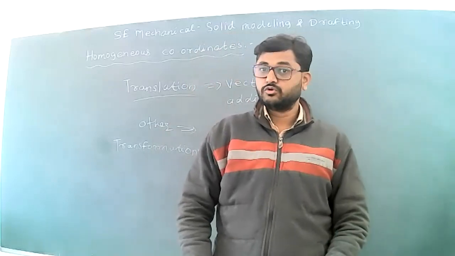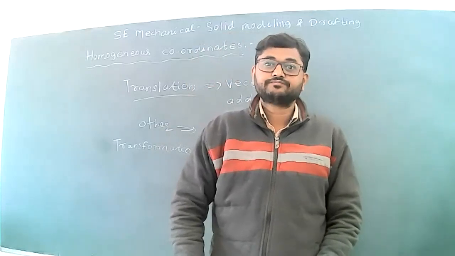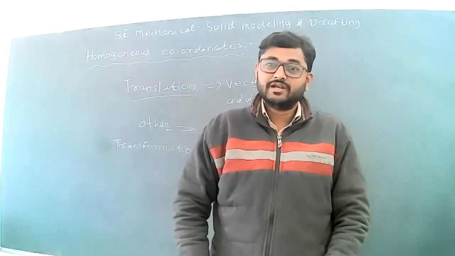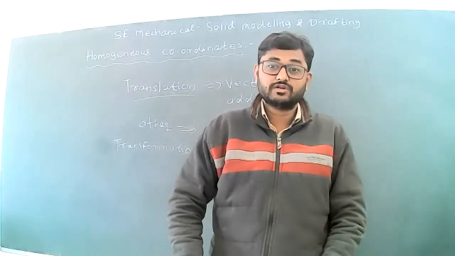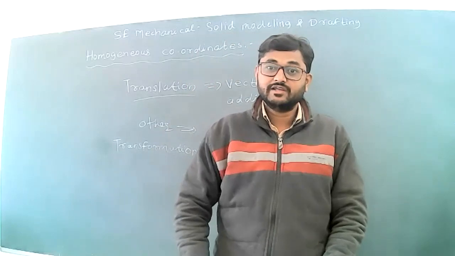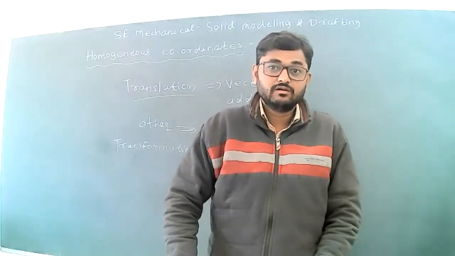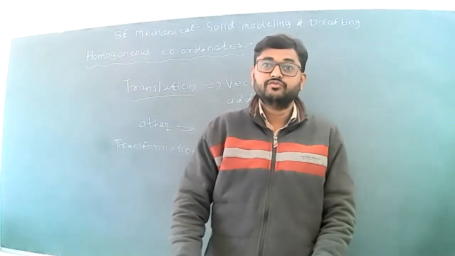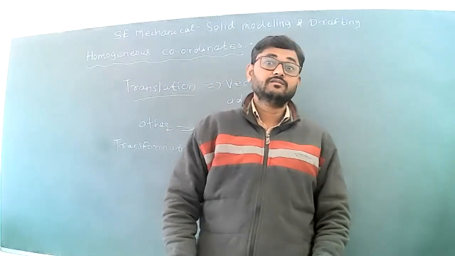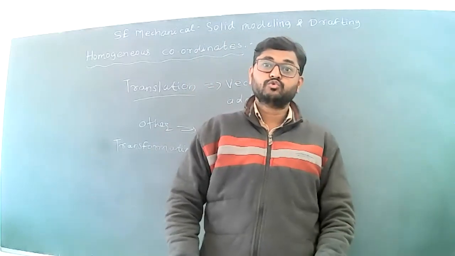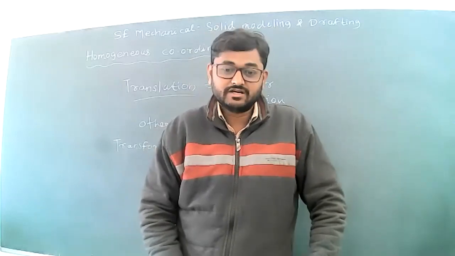The main aim of the homogeneous coordinate system is to use multiplication for rotation, scaling and reflection in addition to translation, because translation uses vector addition in matrix form. So we have to reduce this error by using multiplication.